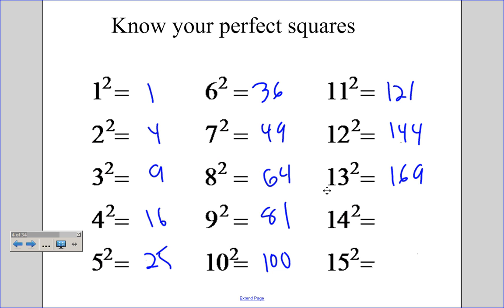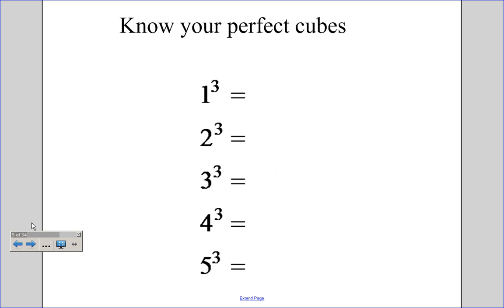A lot of people get 169, but then they stop here. 14 is 196, and 15 is 225. Now your perfect cubes, all I expect you to have memorized is 1 through 5. So that's 1, 8, 27, 64, and 125.